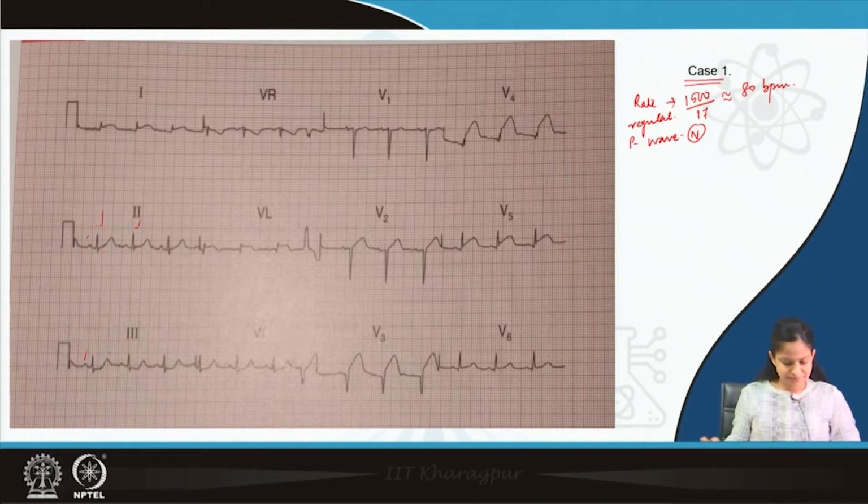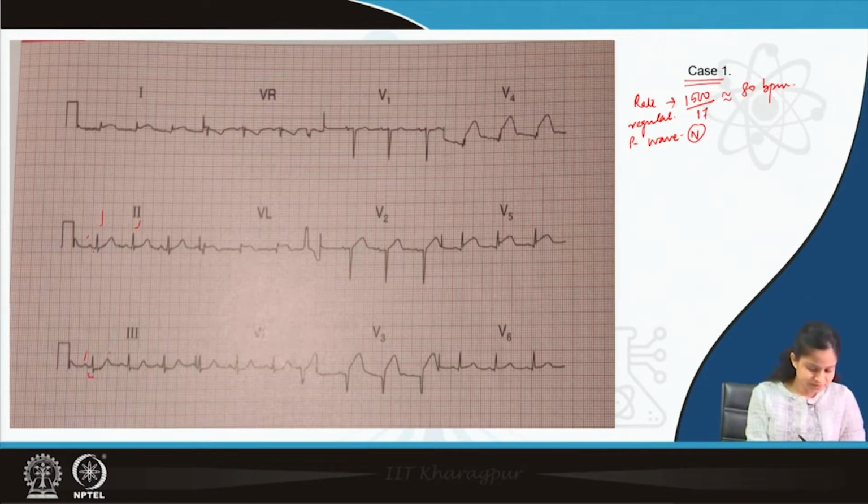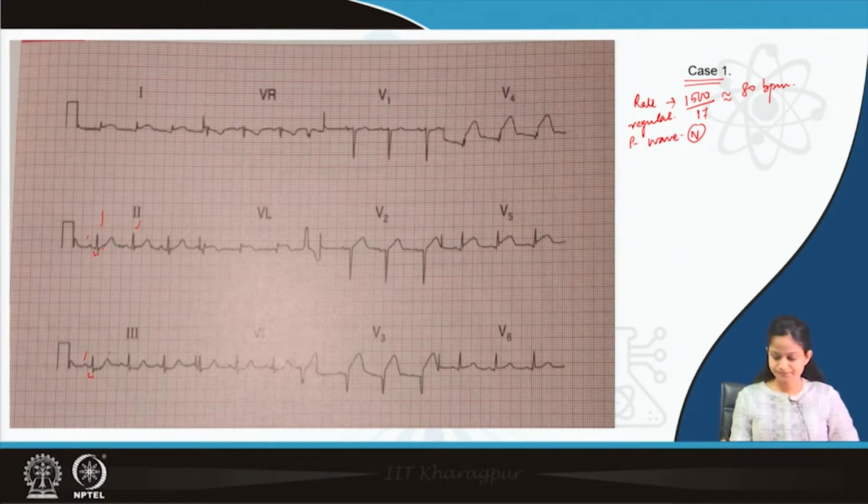Then the QRS complexes also we are getting within the normal range. Now, we have to see for the T waves, T waves and ST changes.